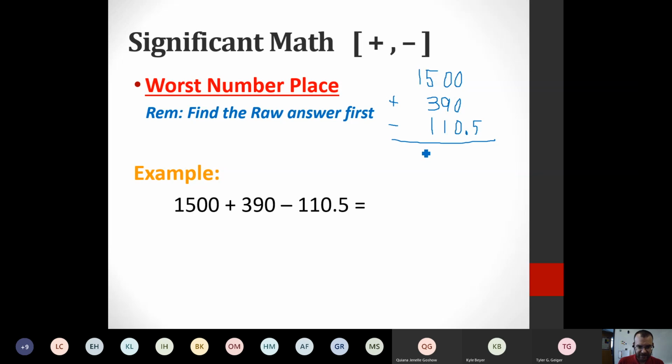As I get that answer, I get 1779.5. That here is my raw answer. I'm just going to leave that there for now.